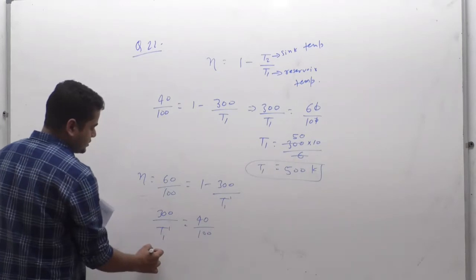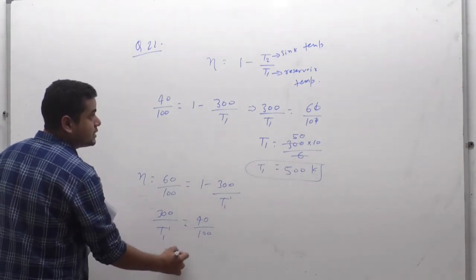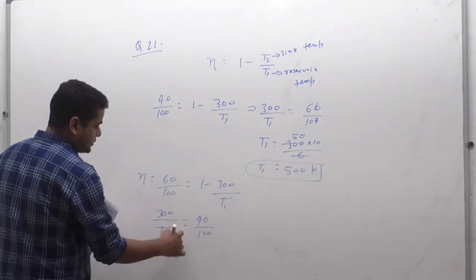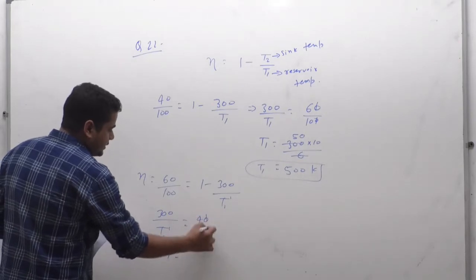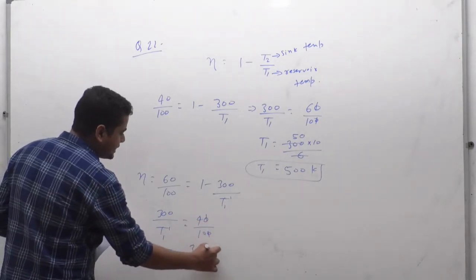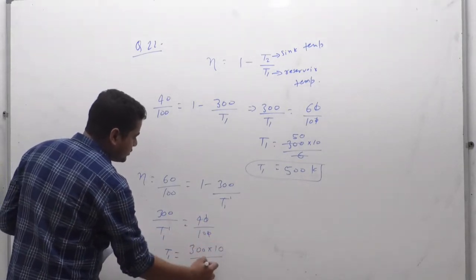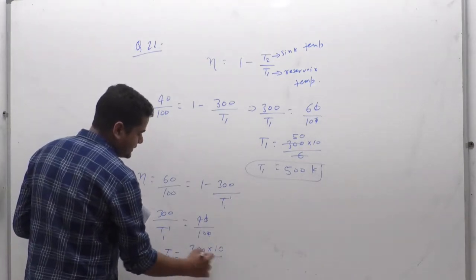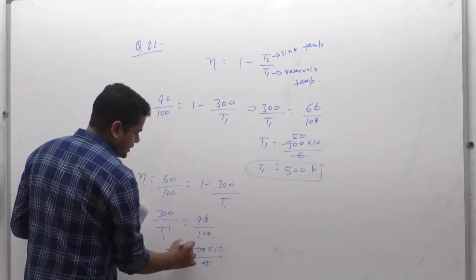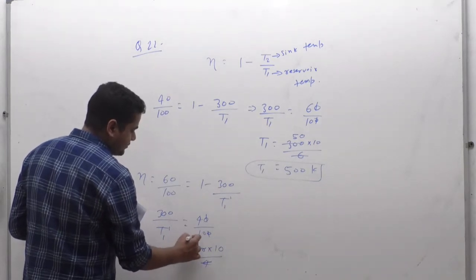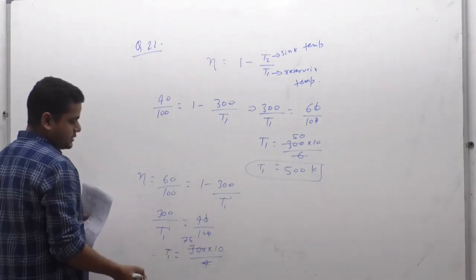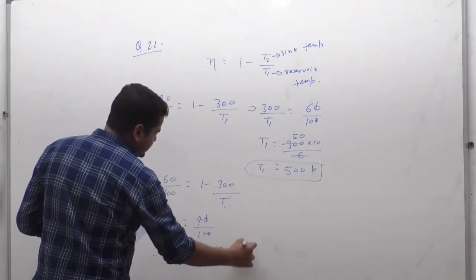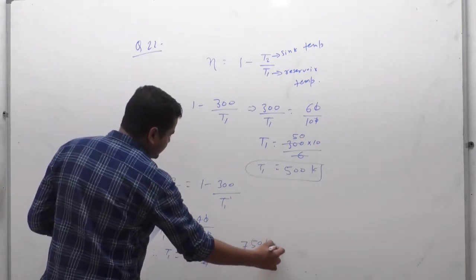So T1 dash is equal to 300 into 10 upon 4, which is 75 into 10, 750 Kelvin.